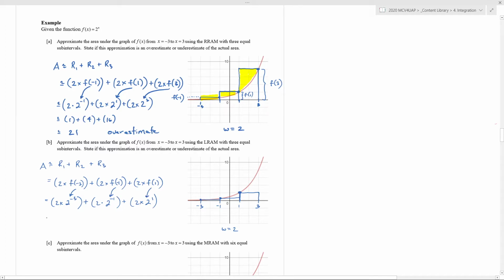So this is 2 times 1 over 8 plus 2 times a half plus 2 times 2, which is a quarter, plus 1 plus 4. Which is 5 1/4 or 5.25.